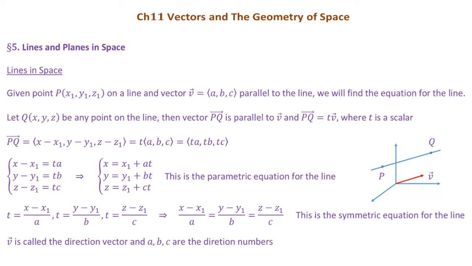So this is a parametric equation for the line. In 3D, we get three parametric equations specifically because we have three components. Each of them is a linear equation of t, and t is the parameter for this parametric equation.